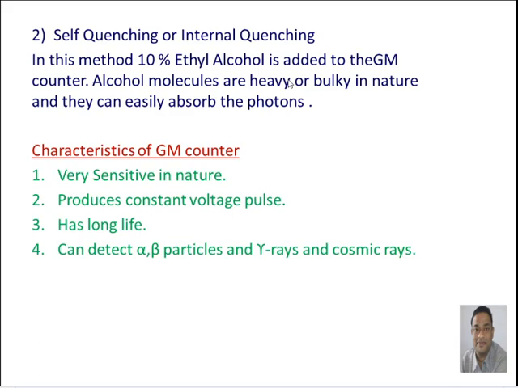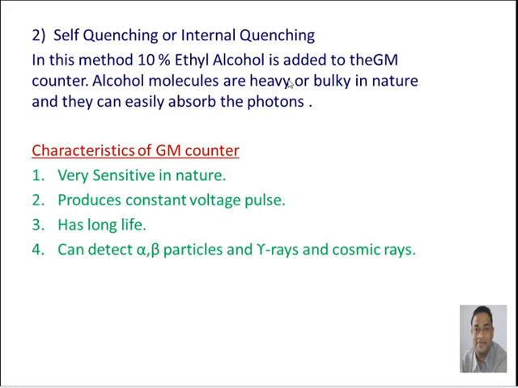The alcohol molecules are organic molecules. They are heavy and bulky in nature. And whenever a photon falls on them, they will easily absorb the photon without breaking themselves. So in this particular case, the photons which are produced are absorbed by the organic ethyl alcohol molecules.